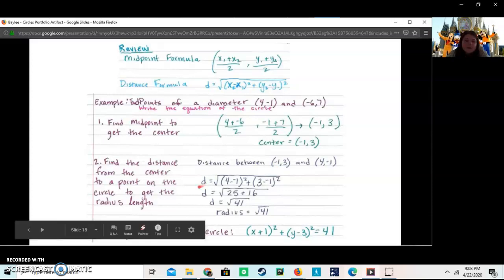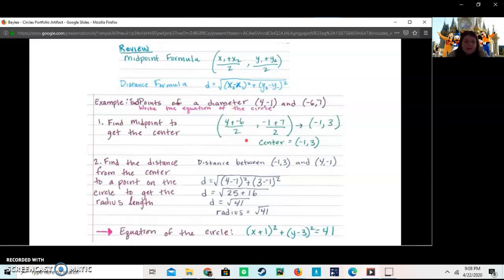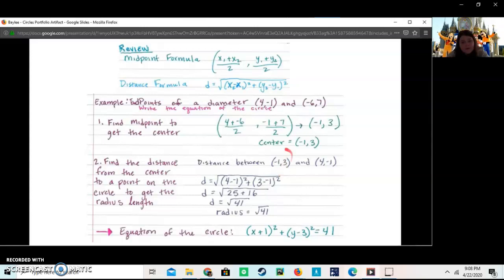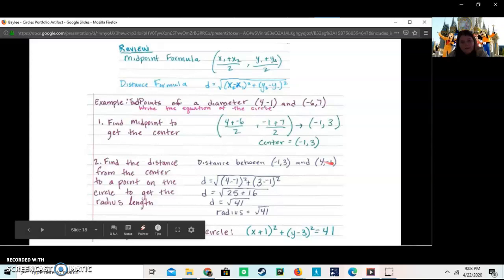You always want to keep your variable on this side because that's what you're solving for, and then you plug in your second x value minus your first x value, so that's 4 minus -1, squared, plus the second y value minus the first y value, squared.